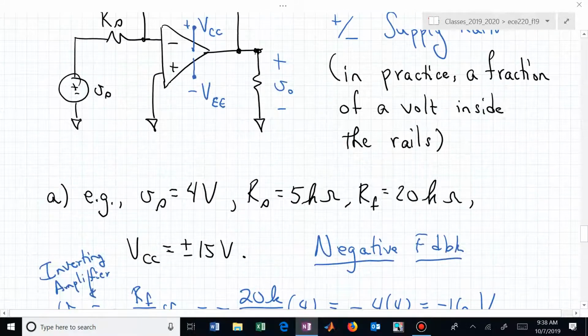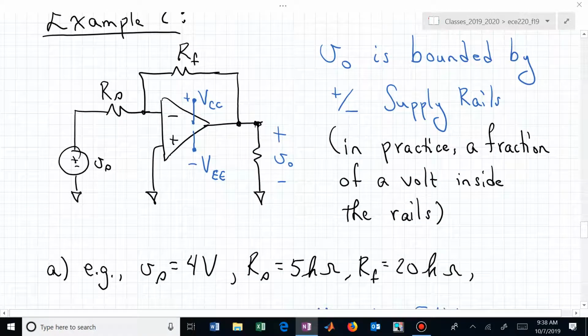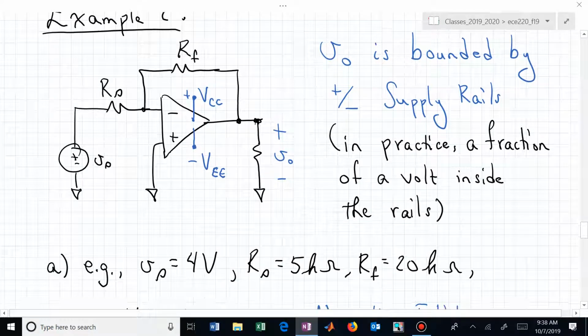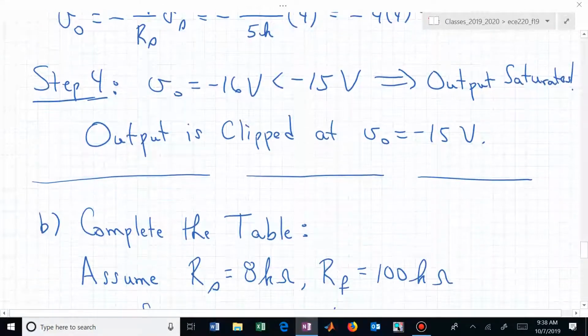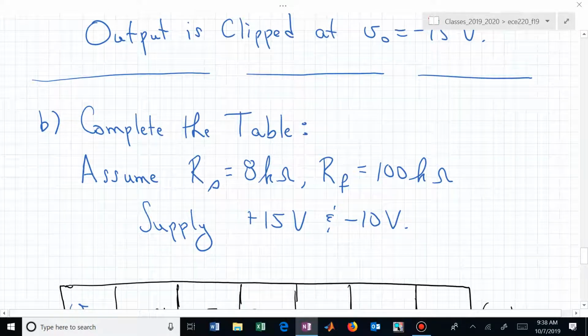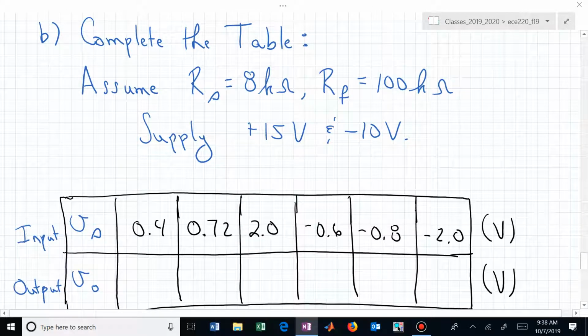Now, using this circuit, you have R sub F of 20, R sub S as 5. V sub S now I want to vary. I want you to now, oh no, I'm changing it up. Woo! Good thing I scrolled down. Here's your task. I want you to complete this table. For the different input voltages, V sub S, give me the output voltages, V sub 0, for these different values of V sub S. And this isn't that hard, but you just need to pay attention.